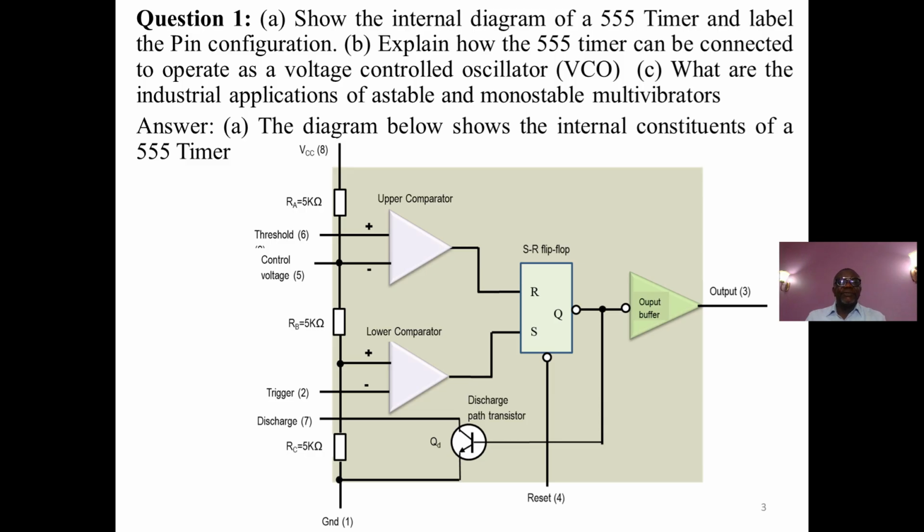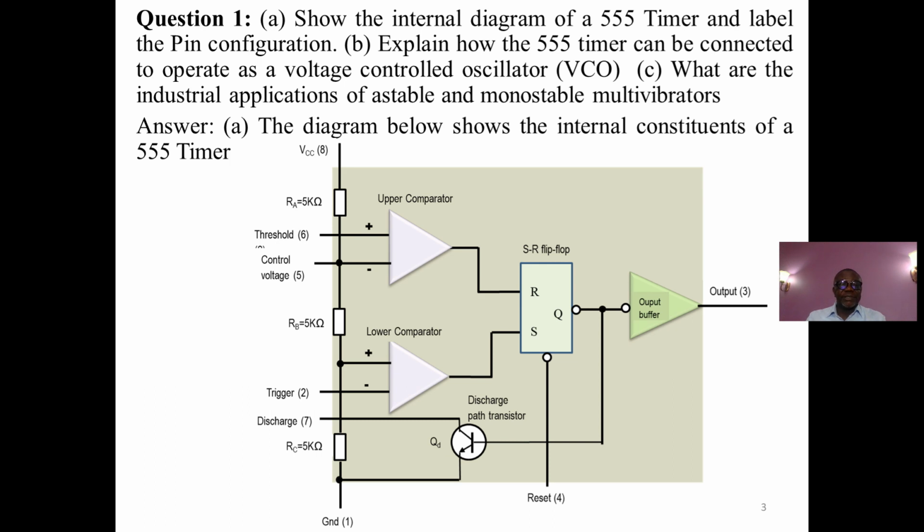So the VCC is labeled as pin 8. The threshold input is labeled as pin 6. The control voltage is labeled as pin 5. The trigger is labeled as pin 2.